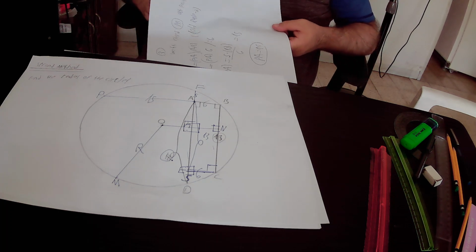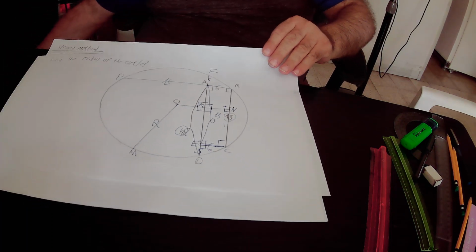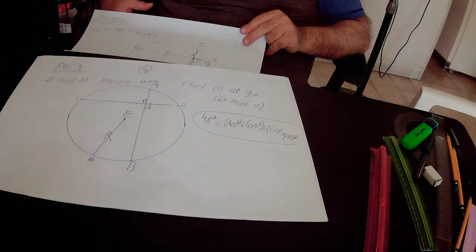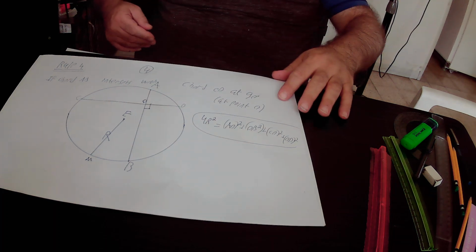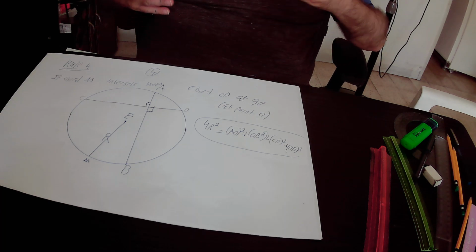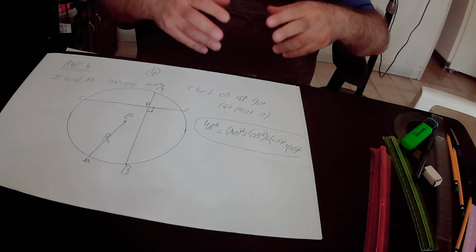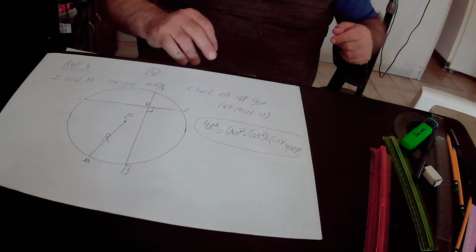Then I presented to you rule number 4, and we implemented rule number 4 in our drawing. Rule number 4 states that whenever you have two chords that are perpendicular to each other, you can implement this formula.